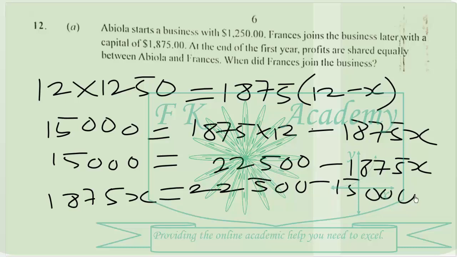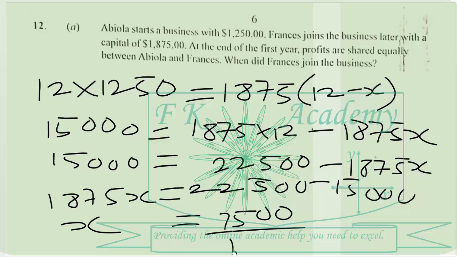And this will be equal to 7,500. So X will be equal to 7,500 divided by 1,875, which is equal to 4. Therefore, franchise joined the business after 4 months.